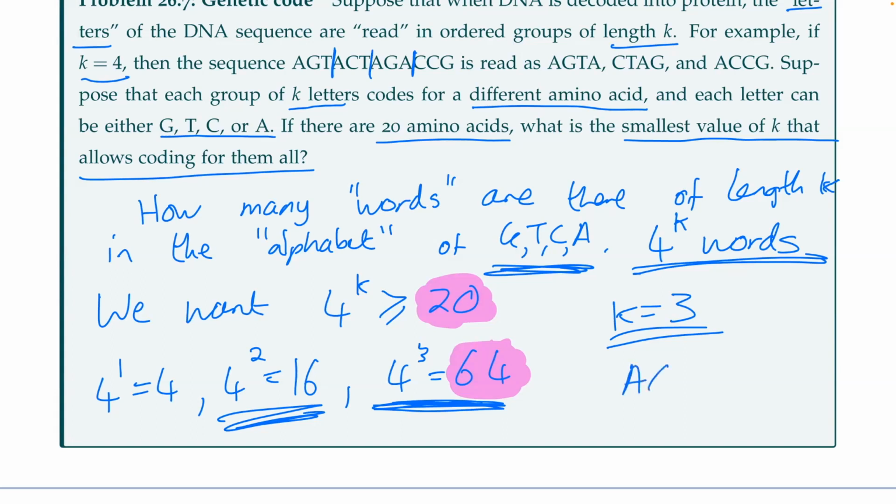So for example, AGT could, in theory, be the same as CAT. These could give you the same amino acid. They probably don't, because I don't know what the amino acid codings are. The point being that this idea of degeneracy was really fundamental to trying to crack the genetic code. And we can see a little bit of that with counting.